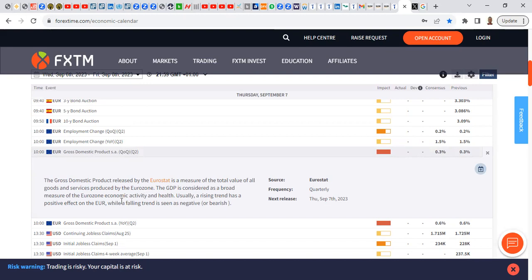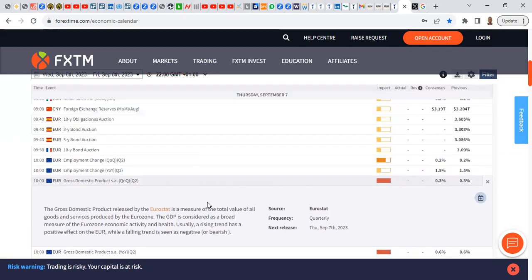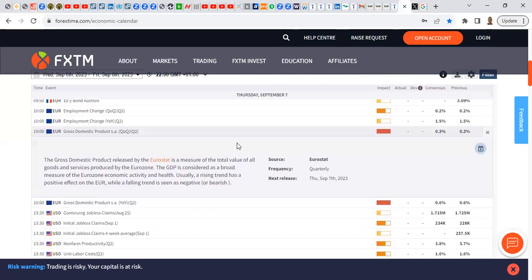So what this is simply saying is the previous value is 0.3. The consensus, what people are expecting, is also 0.3. So we're going to be waiting for the actual value tomorrow by 10 a.m. GMT plus 1, the same time zone.